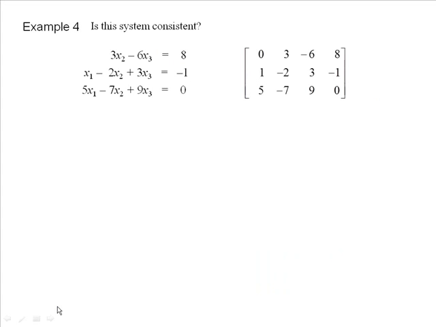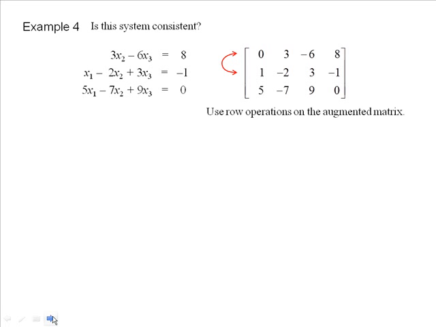Now we want to look at example 4. Is this system consistent? So we have our augmented matrix that we want to reduce and get into triangular form. To do that, we'll use row operations on the augmented matrix. The first step, we want a 1 in the very first spot.